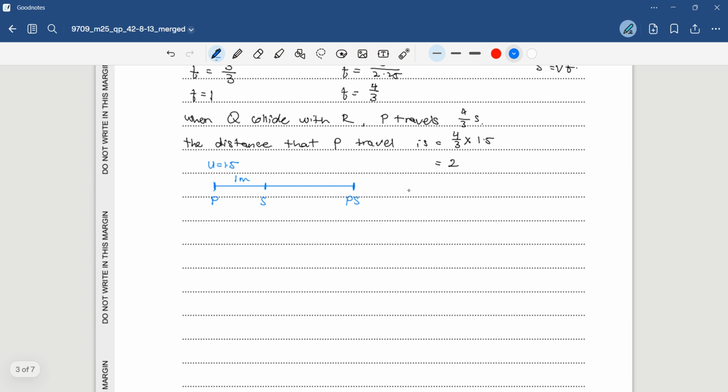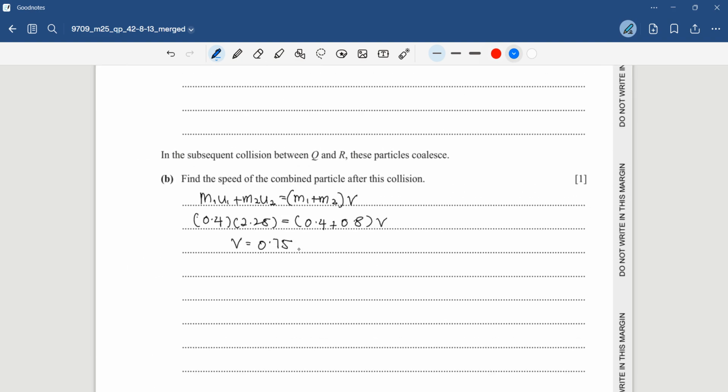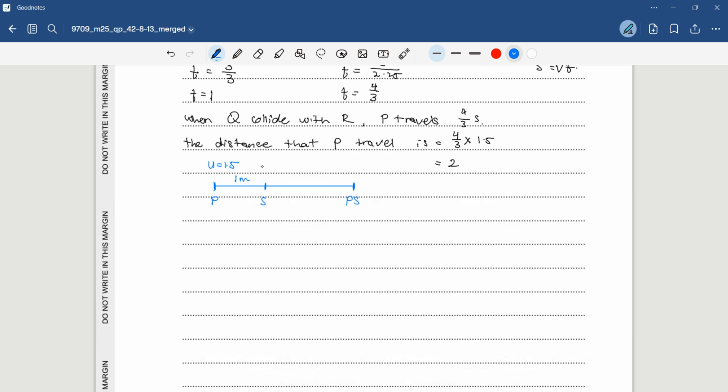Okay, so over here we know the initial speed of P is 1.5, and then your A is 0, and for Q the speed just now is 0.75. So u here is 0.75 for QR. Okay, so we can use your SP.